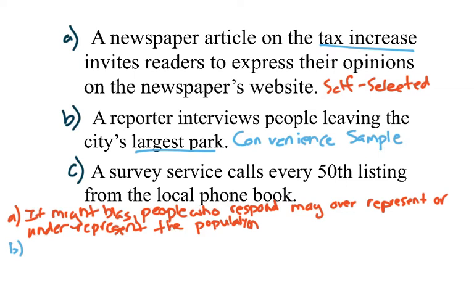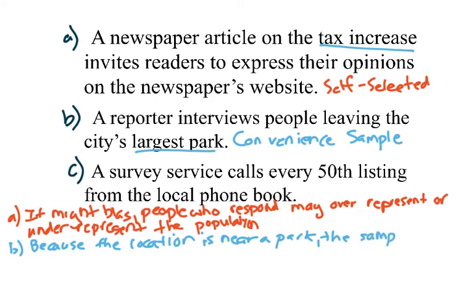So because the location is near a park, the sample may overrepresent park supporters, and the result will have a bias.